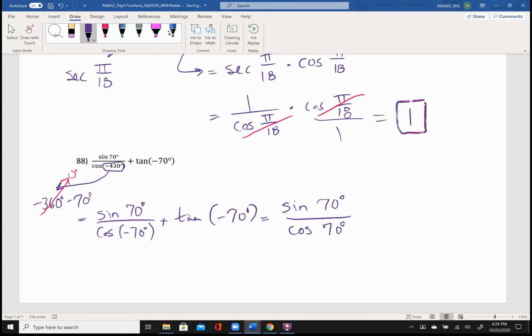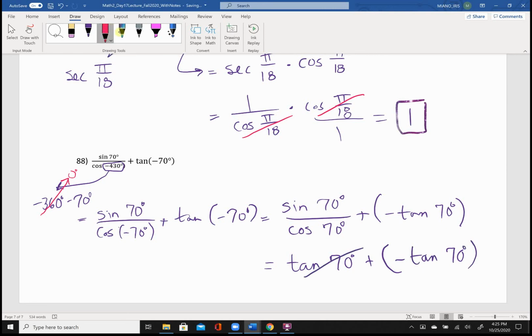And then that's added to a negative tangent 70 degrees. Sine over cosine, same theta, that's going to be tangent 70 degrees. See where I'm going with this? Plus a negative tangent 70 degrees. Oh, those are opposites. They will cancel each other out.